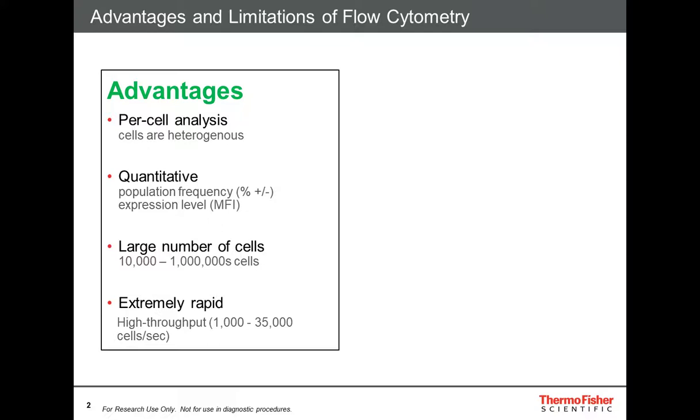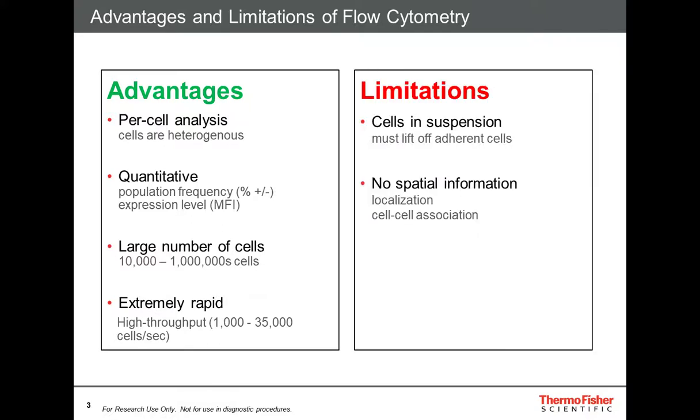It's extremely quantitative. We look for statistics like population frequency and expression level on a large number of cells. We can look at tens of thousands or even millions of cells in an extremely short period of time. And we can generate this data very quickly.